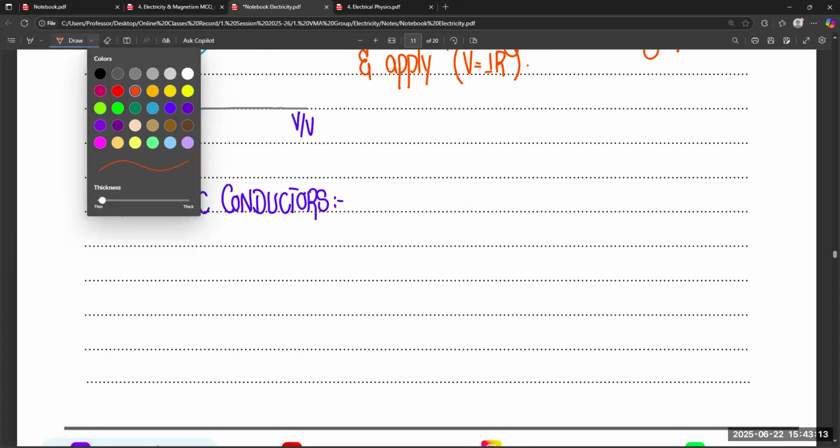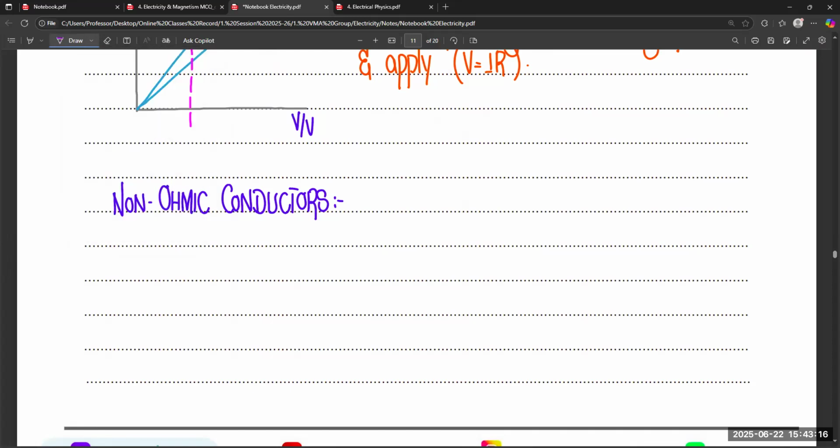And the first that we are talking about is the filament lamp.